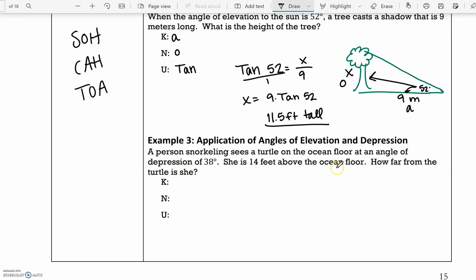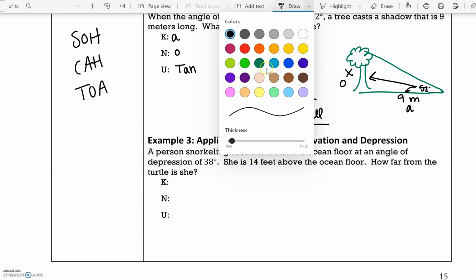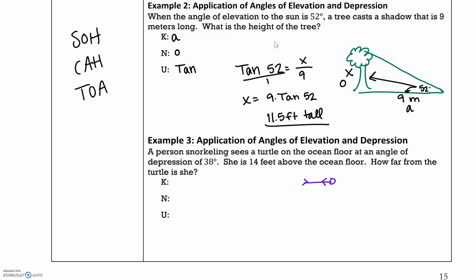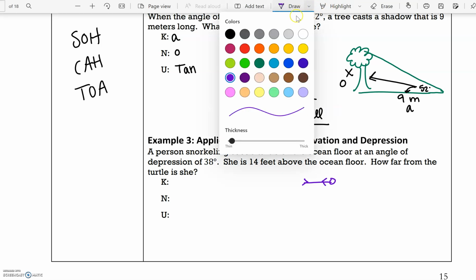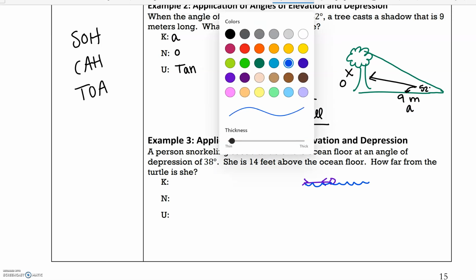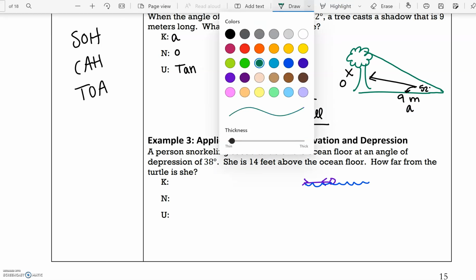So our next one, we have a person who is snorkeling. And they are just kind of above the water there. And then they see the turtle on the ocean floor.